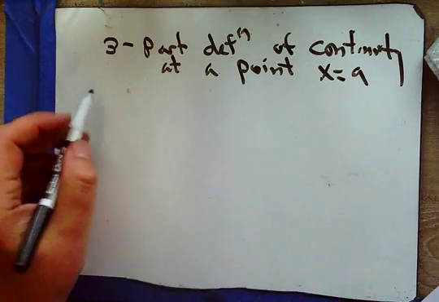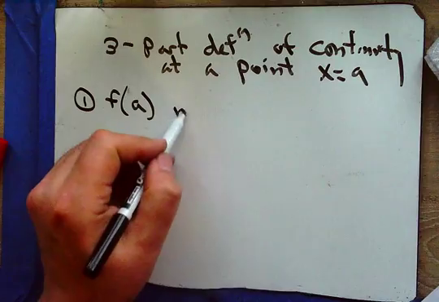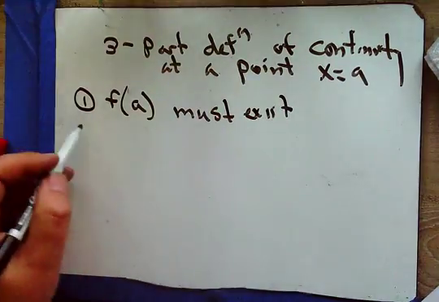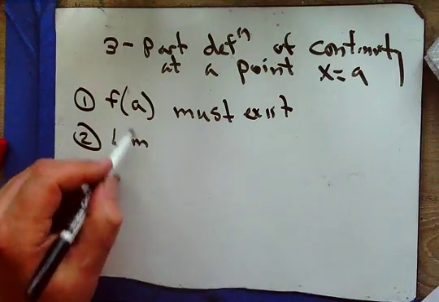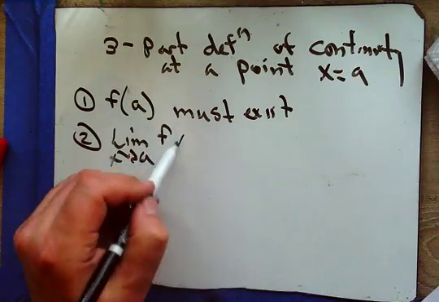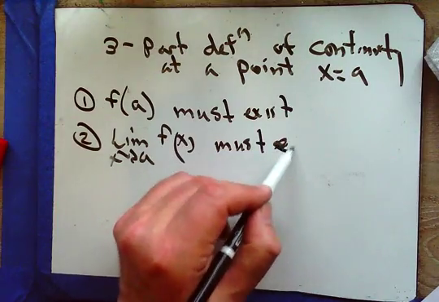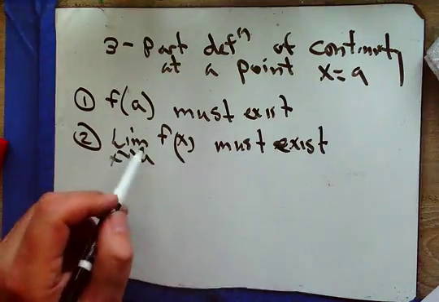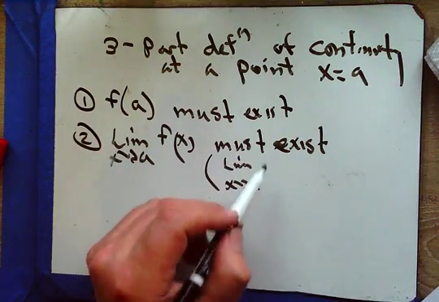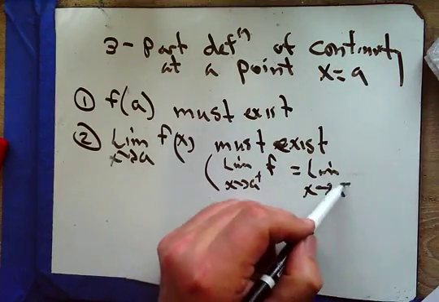So here's what I know. 1, f of a must exist. 2, the limit as x approaches a of f of x must exist. And remember, for the limit to exist, that implies that the limit as x approaches a from the positive side equals the limit as x approaches a from the negative side.